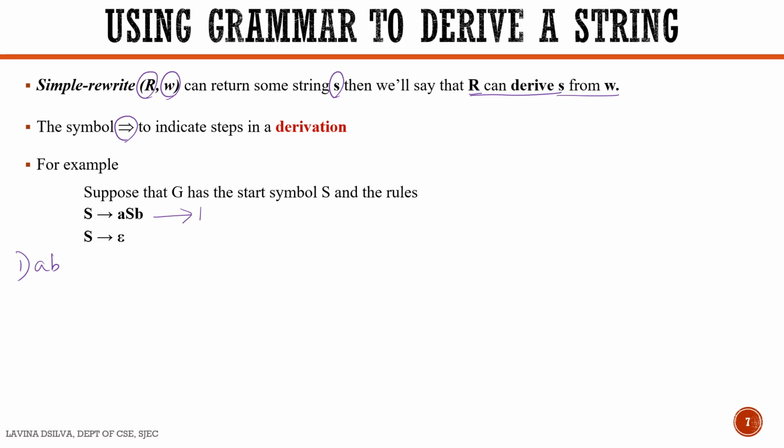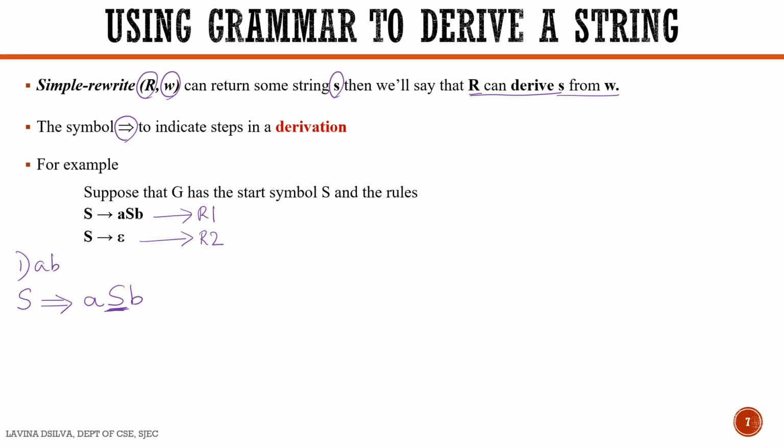So we can consider this as rule number 1, and we'll consider this as rule number 2. Starting from the start symbol, we cannot use rule number 2 here because we are supposed to arrive at AB. So we go with rule number 1. Starting with the start symbol S, we take the first rule, that is ASB. And we know that the non-terminal which appears here is S. So S can be replaced by either ASB or epsilon.